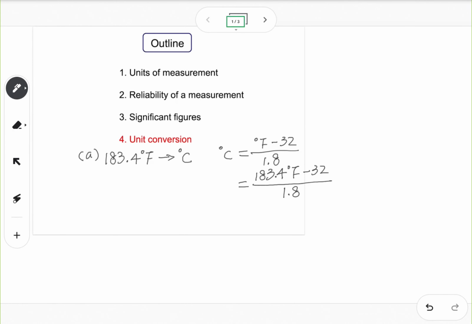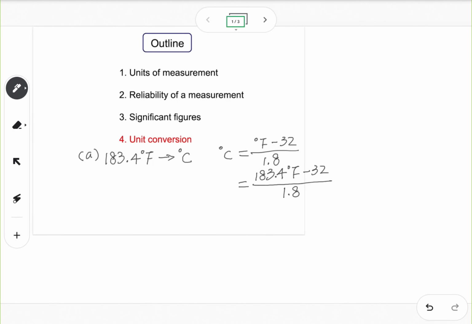Now here is a very important thing to remember. When you do calculations, we need to pay attention to significant figures.